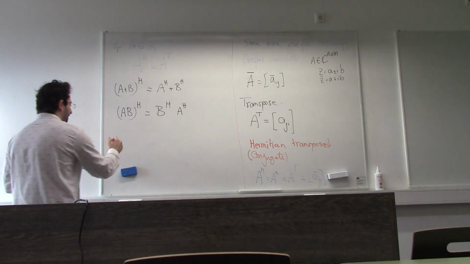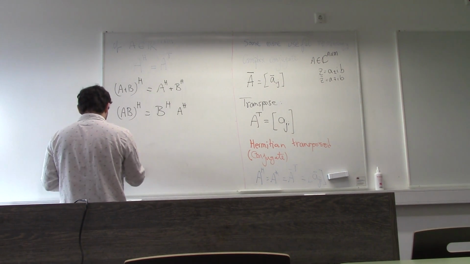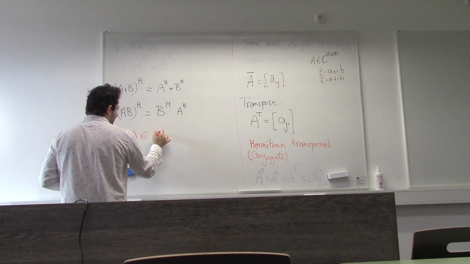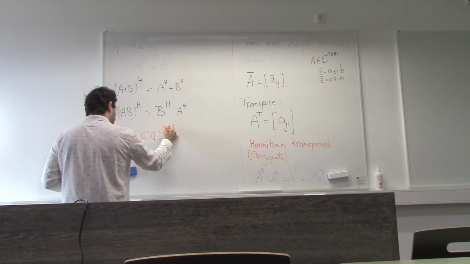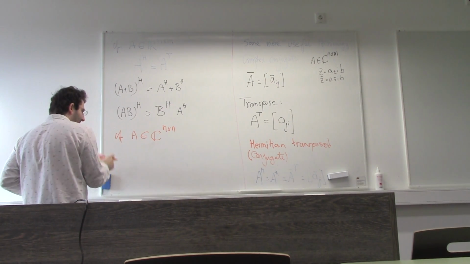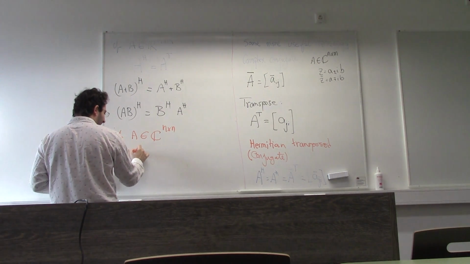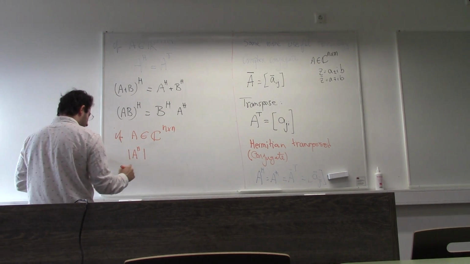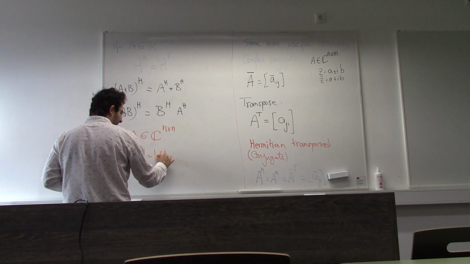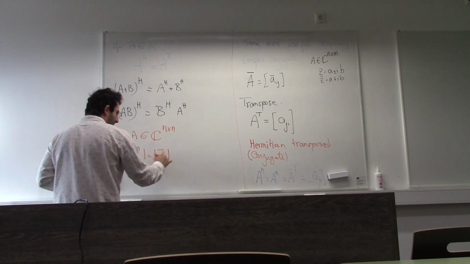If A is an S-square complex matrix, then we have a few important terms. The determinant of AH is equal to the determinant of A conjugate.